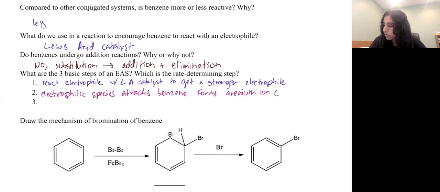In this step, aromaticity is lost. Then in step three, you have to restore aromaticity because it doesn't like being non-aromatic, so you do an elimination reaction and get an aromatic molecule back.